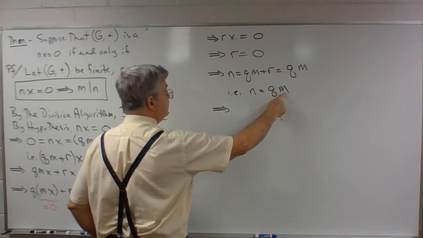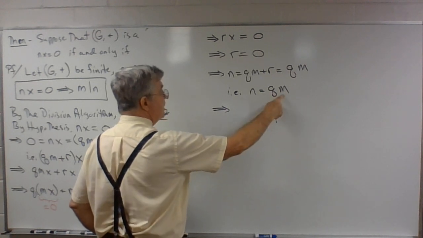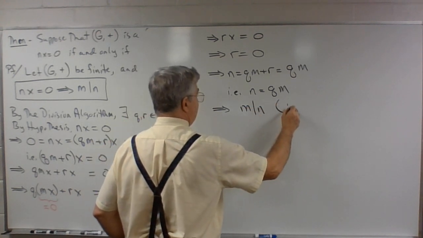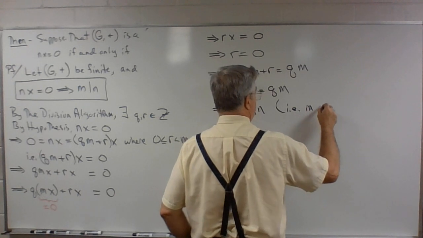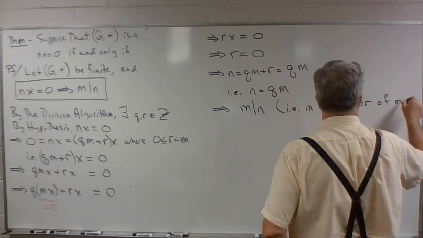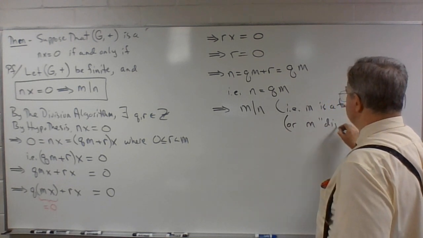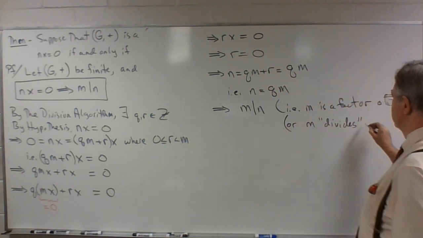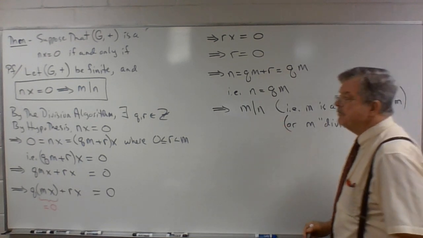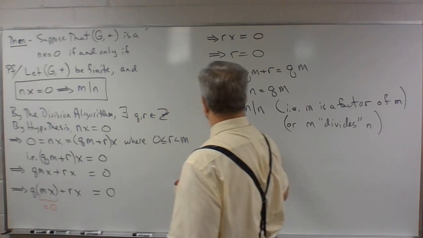We have an integer times m equals n. So that means that m is a factor of n, or m divides n. Which is exactly what we were trying to show. If nx equals 0, then m divides n.